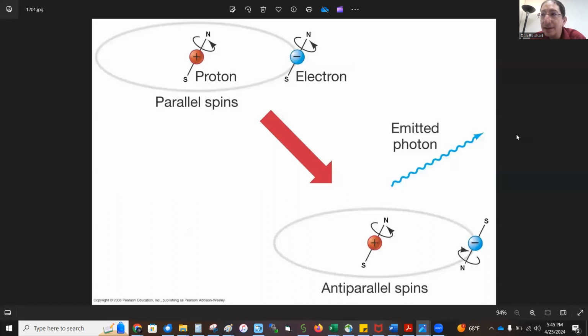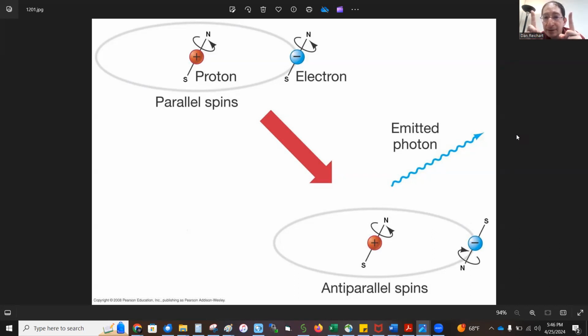Now, how do you get an energy transition if it never leaves the ground state? Well, both the proton and the electron are charged, and they spin. And if you have a spinning charge, you get a magnetic field. So each of these little particles act like magnets, like little bar magnets. And I don't know if you've ever played with bar magnets before, but there are two possible configurations.